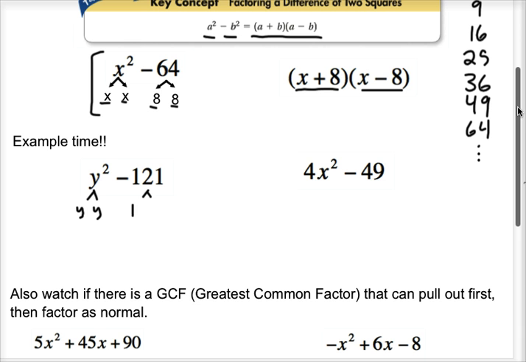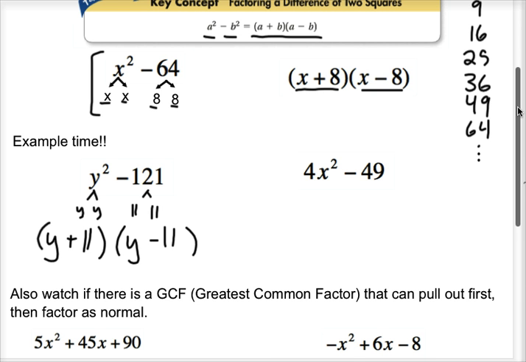Well, if you check it with your calculator, the square root of 121 is 11. So once I recognize how the two pieces break down, what their square roots are, I like to just set up my structure. I know I'm going to have a plus and a minus when I'm using the difference of squares. So I have the y plus 11, and I have the y minus 11. And my problem is done already.